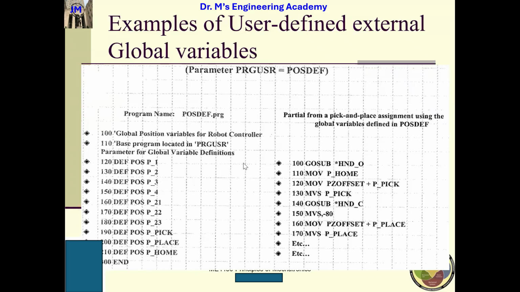So here is a program. This is a PRG. PRG means a program. So here is 100 program. You can see 100, which means the line number. Line 110 is a base program located to PRG user.